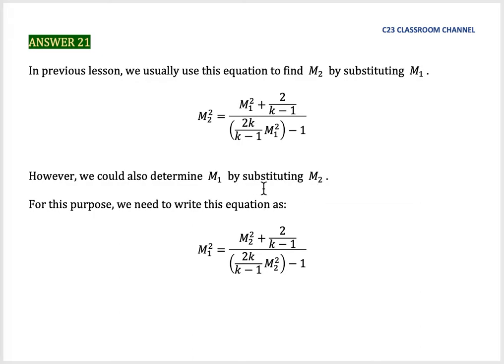We must write that equation like this: we change the M2 here into M1 and we use M2 here instead of M1. However, the whole structure of the equation remains the same. So we could determine M1 with this equation.